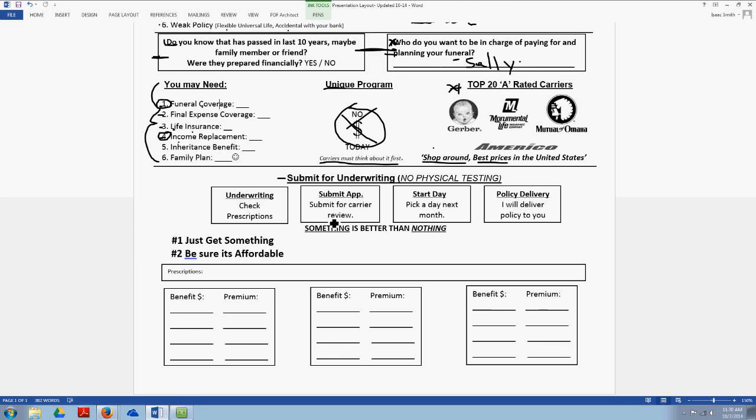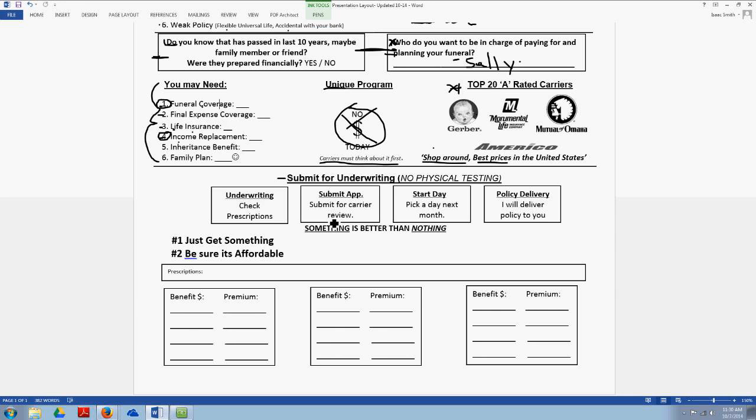So as far as health is concerned, talk to me. Be honest with me. How are you doing as far as your brain, heart, liver, lungs, kidneys, diabetes, cancer, anything like that? What's going on with your health? Okay, so again, I'm going to start to ask and inquire, and I'm looking at the prescription medications as I'm talking to them about their medical history.